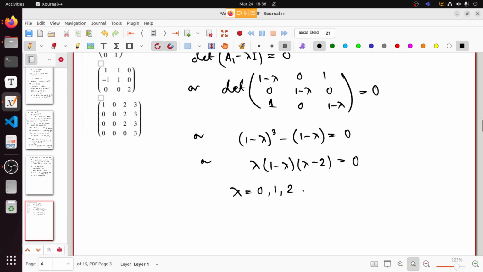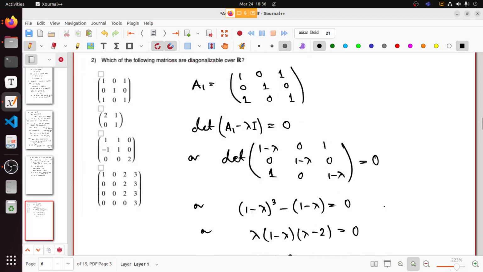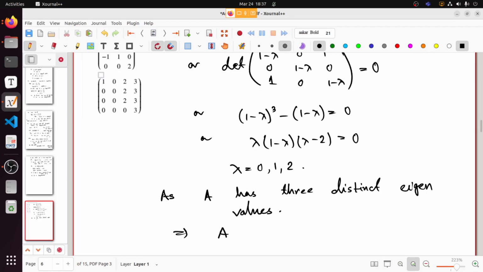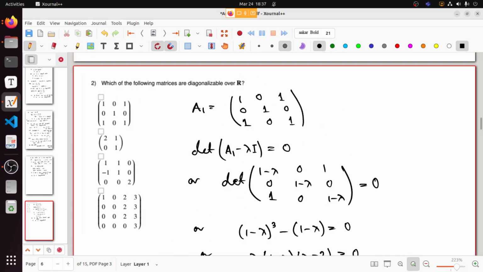A is a 3 cross 3 matrix, and you get 3 distinct eigenvalues, which implies A is diagonalizable. So option number 1 is correct. The first matrix is diagonalizable. Let's check the next one.